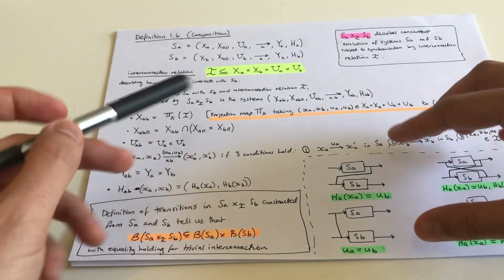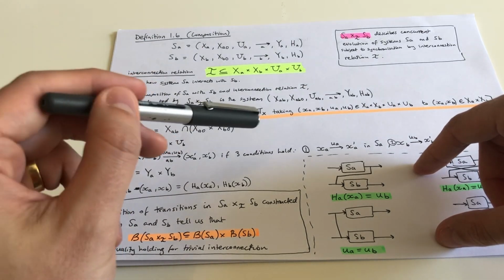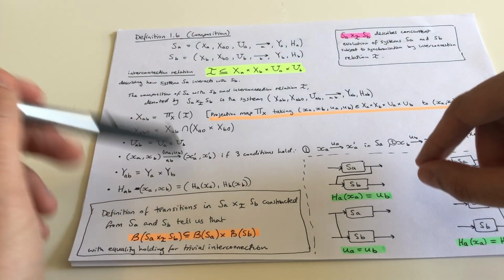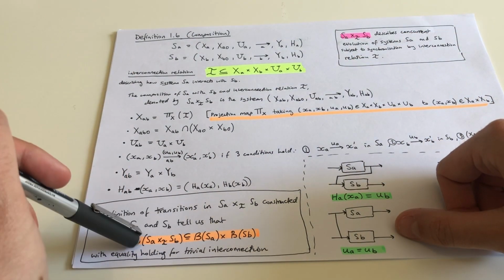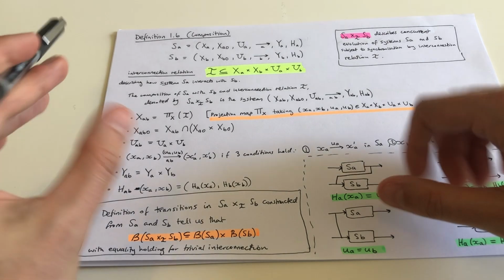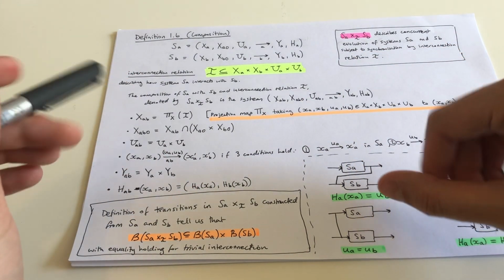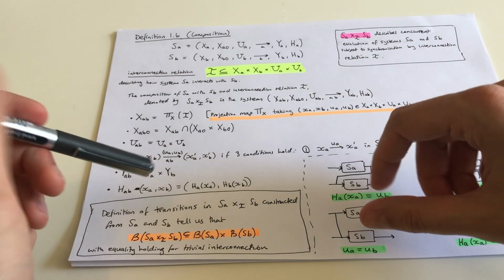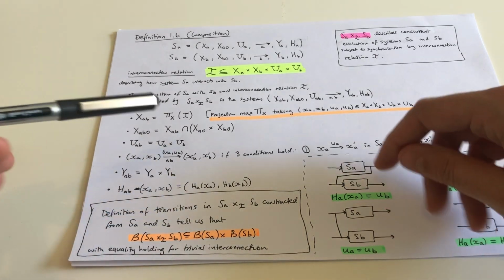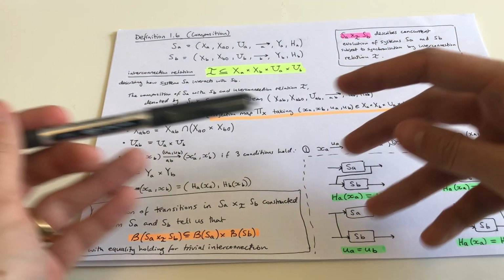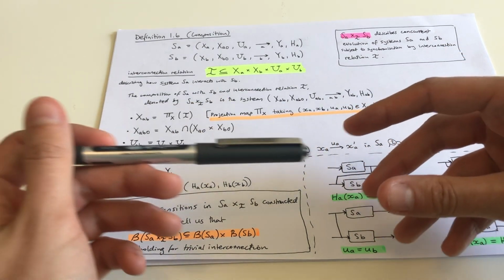So you could have one system operating over here, one system operating over here, and there's very little crossover, so both behaviors can be completely occurring on their own. And so this interconnected behavior is therefore going to cover almost all of the behavior of both of those systems. However, if they're strongly coupled together, then the strong coupling means that they're interacting with each other more, which might prevent the system from doing certain things.